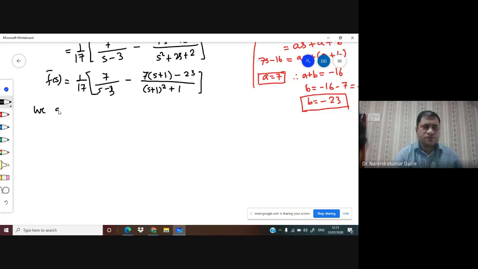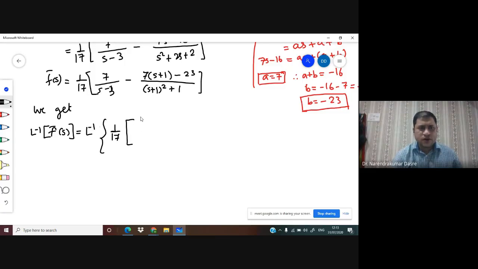Hence we get the inverse Laplace transform of f bar of s is equal to the inverse Laplace transform of 1 by 17 times [7 upon s minus 3 minus (7(s plus 1) minus 23) upon ((s plus 1) square plus 1)].